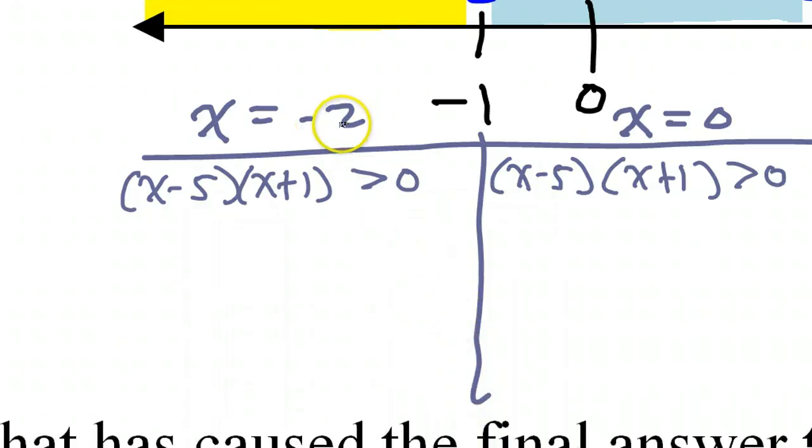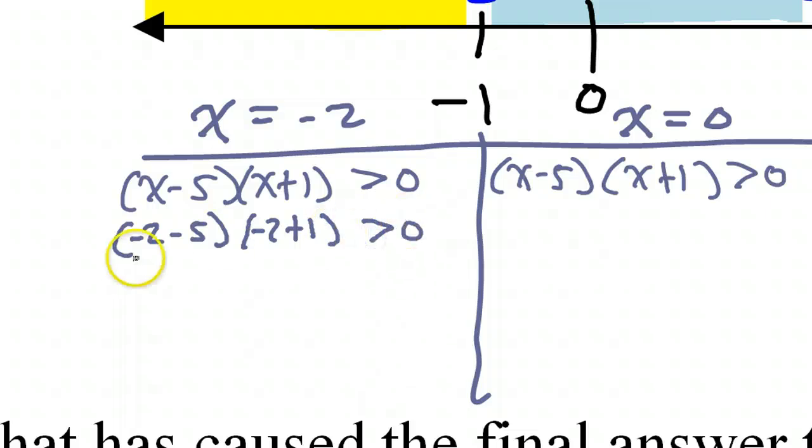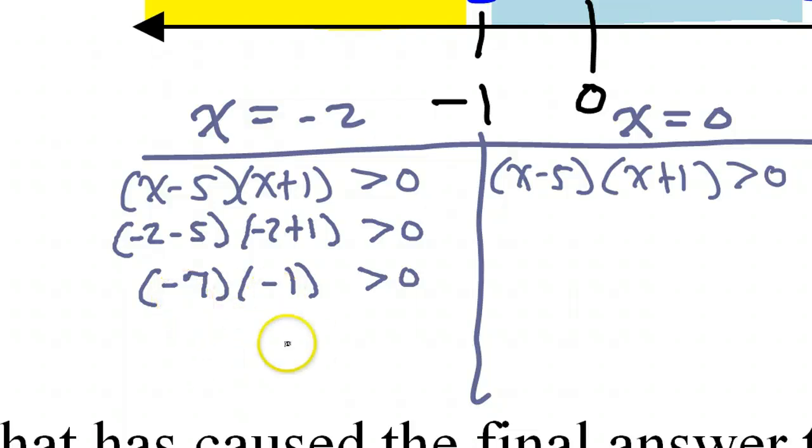So if I put in -2 for these x's, this becomes -2 minus 5, -2 plus 1. Alright, so this becomes -7 times -1. Okay, and negative times negative is a positive, so this becomes 7 is greater than 0. Is 7 greater than 0?